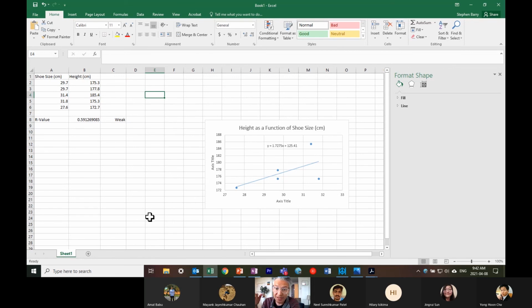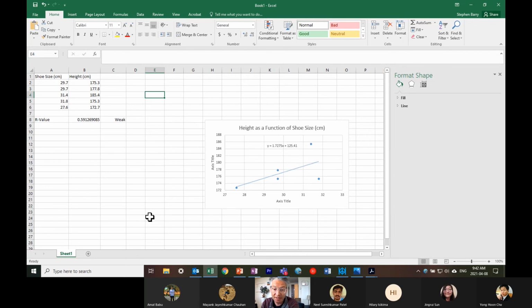Now the question is, is this significant or not, right? Can we say that there actually is a correlation? Can we say that there is a weak correlation, or can we not? Now, in order to do that, we're going to have to do the same thing we did in chapter 8, and it's the same thing we're going to have to do in chapter 11 as well, which is a hypothesis test.